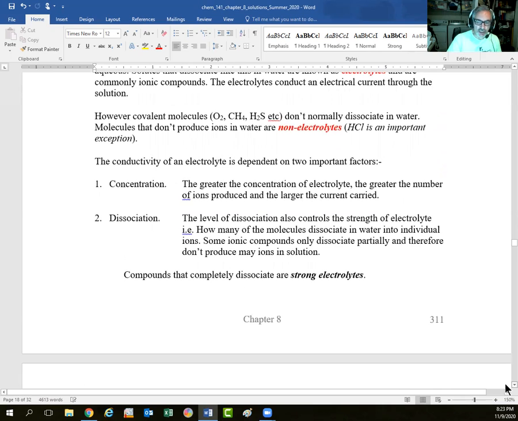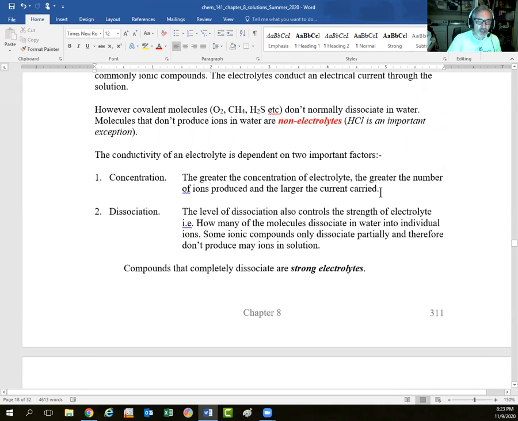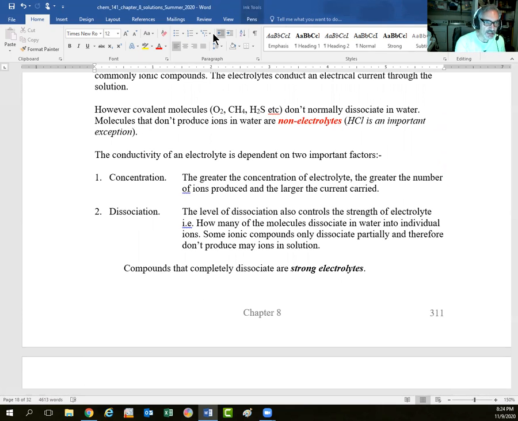Now the non-electrolytes of the universe are chemicals which are normally covalently bonded. Covalently bonded compounds don't like to dissociate into their individual atoms to produce ions. And that's because if we look at, for example, methane on our list here, we can draw a quick and simple Lewis structure.